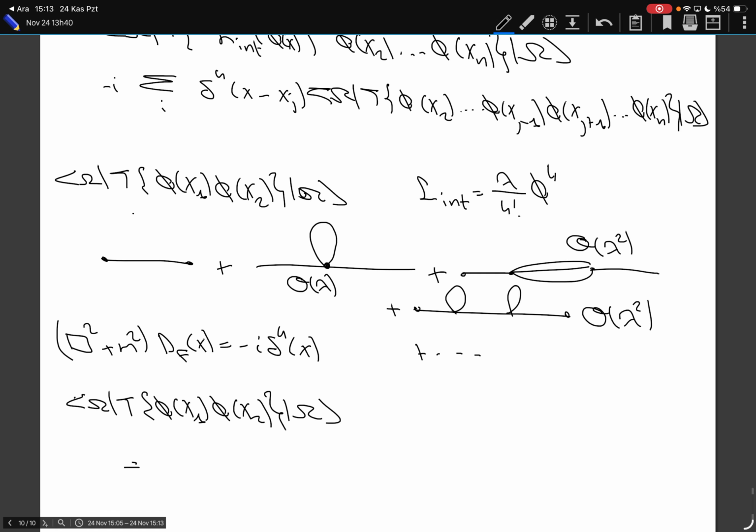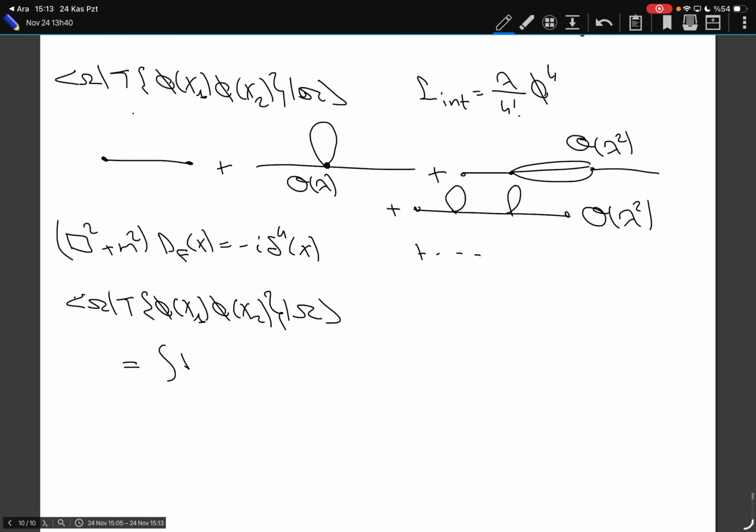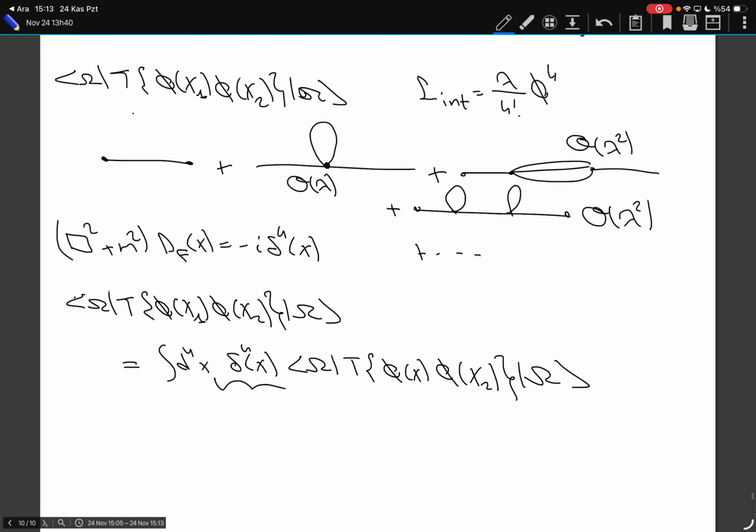So this is equal to d4x Dirac delta x, 4-dimensional Dirac delta, time ordered product of phi of x2. I can evaluate the d4x using the Dirac delta, and that's just an identity. But now I can just replace this Dirac delta x with I times this operator acting on my Feynman propagator.